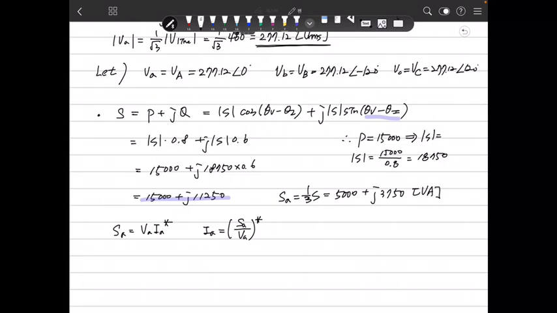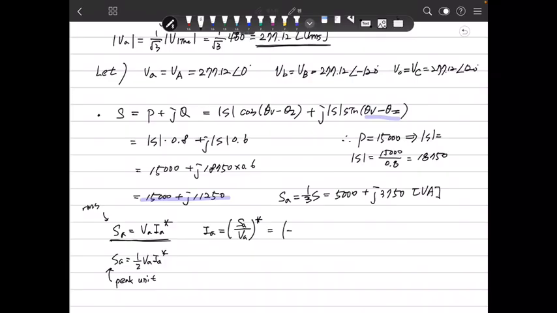If there were peak values, then SA would be different, because in that case the unit is peak. But this is RMS, so we can use these relationships.